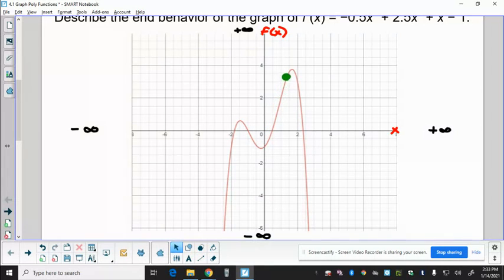Can you imagine what would happen if I kept tracing along this graph? Would you agree with me that it would keep going down and down and down forever as you move to the right? Eventually it would, wouldn't it? So that is one description of end behavior. So I'm going to write this on the graph, and I want you to go ahead and do so as well.